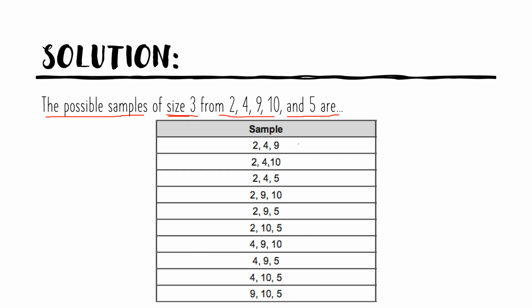This will be 2, 4, 9; 2, 4, 10; 2, 4, 5; 2, 9, 10; 2, 9, 5; 2, 10, 5; 4, 9, 10; 4, 9, 5; 4, 10, 5; and 9, 10, 5. So these are the possible samples, or the possible combinations, that we can get from 2, 4, 9, 10, and 5 with a size of 3.